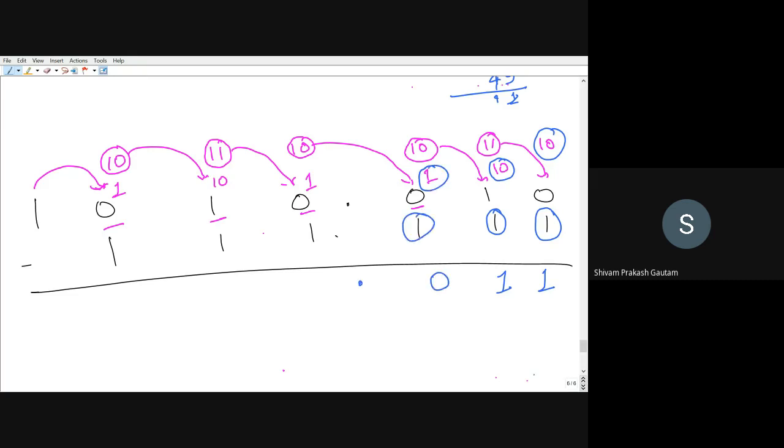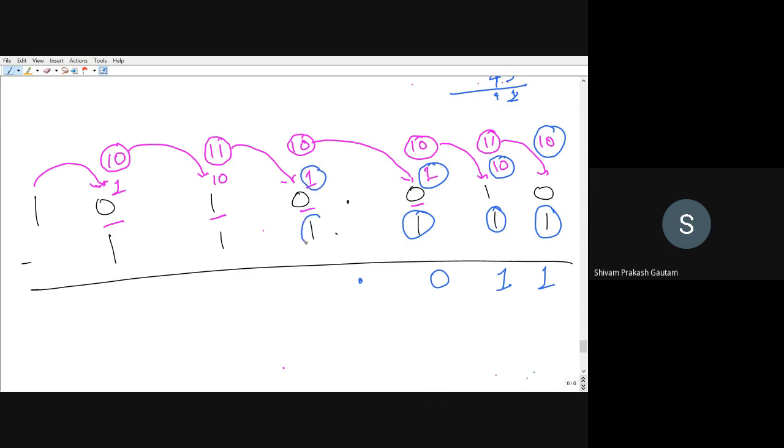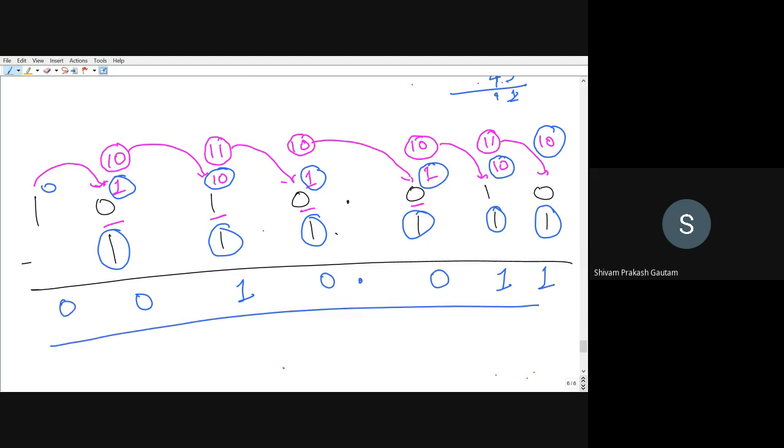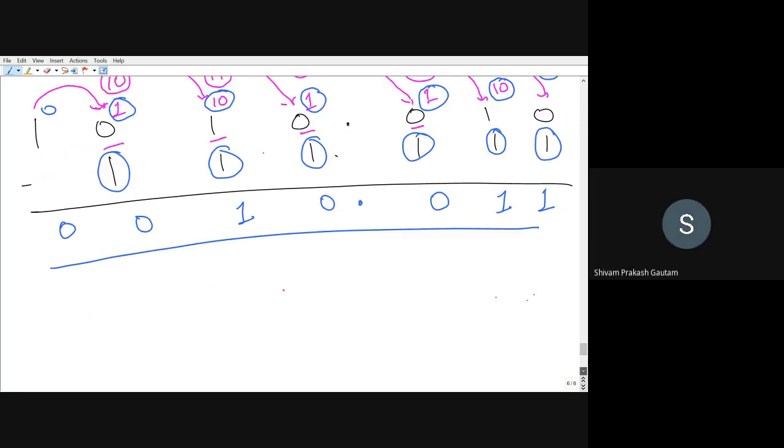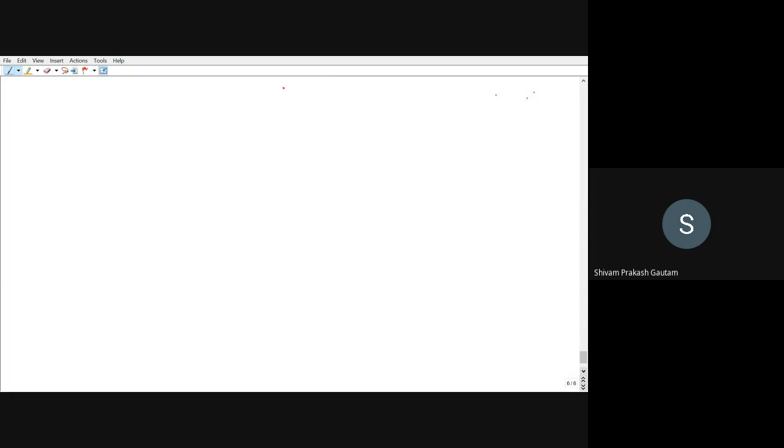Dot. 1 minus 1, the remainder will be 0. 10 minus 1, remainder will be 1. 1 minus 1, the remainder will be 0. And here it was 0 because we have borrowed 1, so it will be 0. Now is it clear? Yes, sir. Okay. Any doubt? If any doubt, you can ask me.